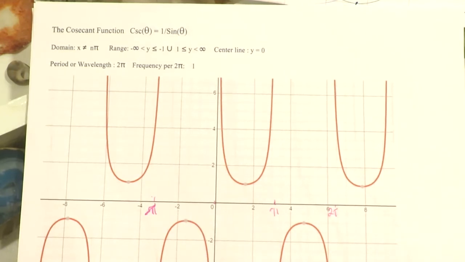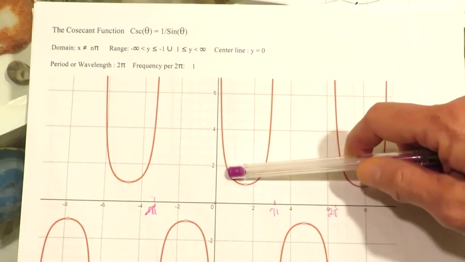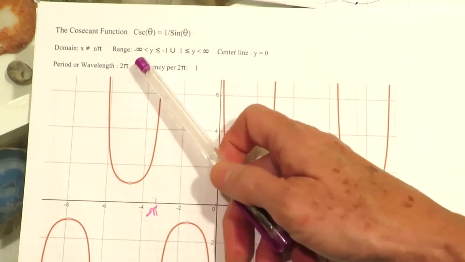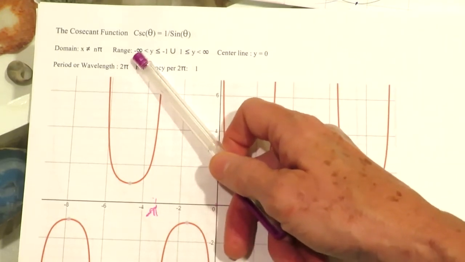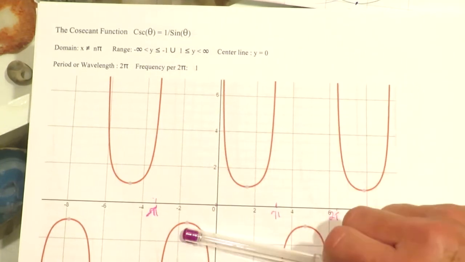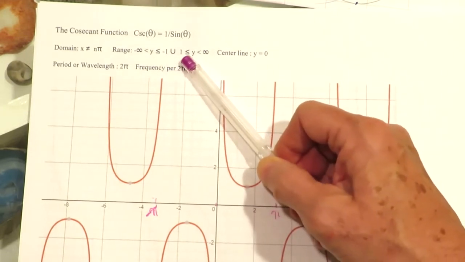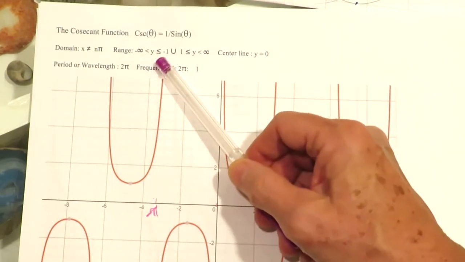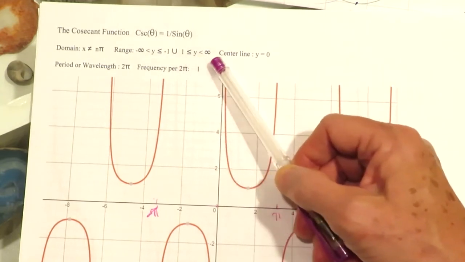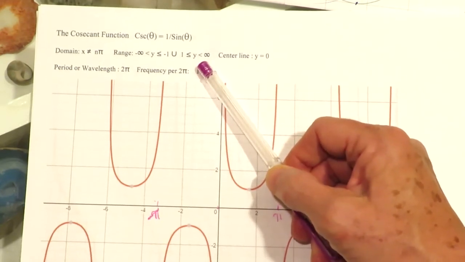Then we switch on the other side of the asymptote, and we come down from positive infinity to 1, and then turn back around again. So the range for both secant and cosecant is from negative infinity to -1, and that's one set. And then you combine with it, or union with it, from 1 to infinity. Notice the -1 and the 1 are included. We actually hit those values. It's not really possible to hit infinity, so we use a strict inequality there.